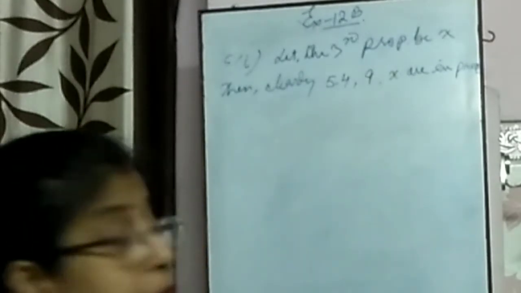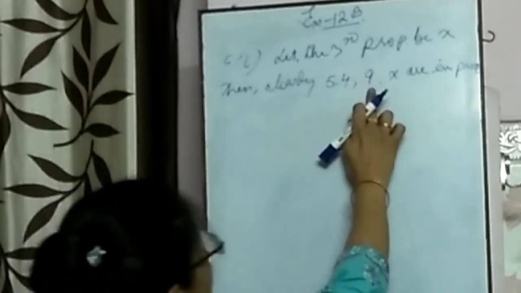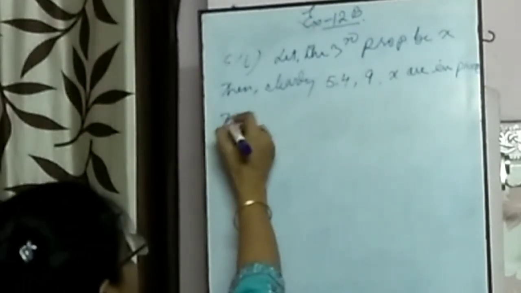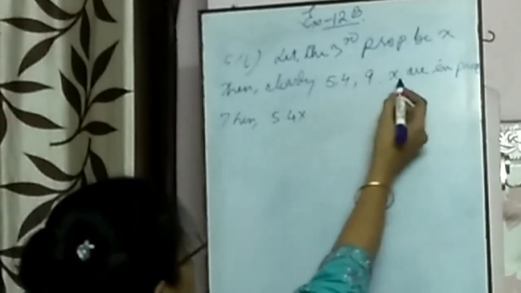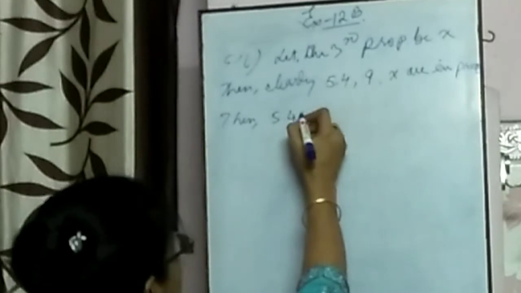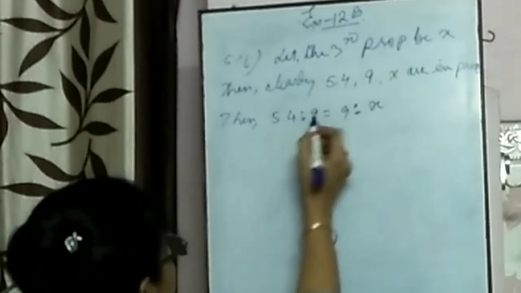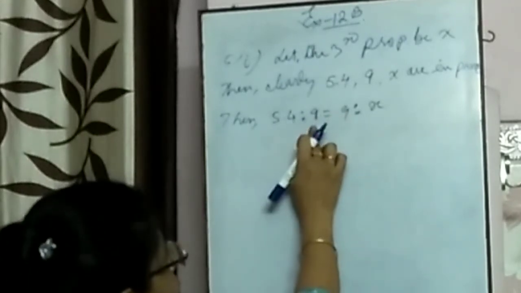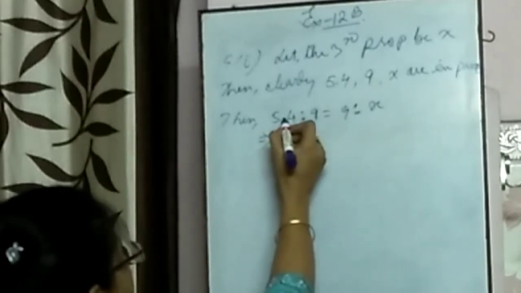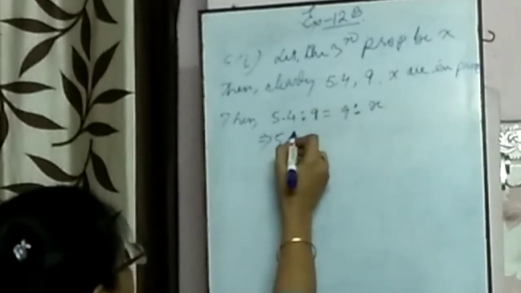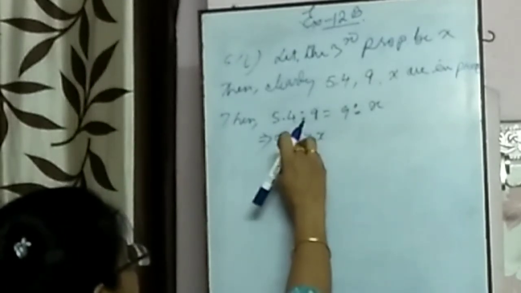So altogether we have 3 numbers, so one number will be repeated, obviously that number will be 9. Then what we get? 5.4 is to 9 is equal to 9 is to x. So these 2 you get multiplied into x.